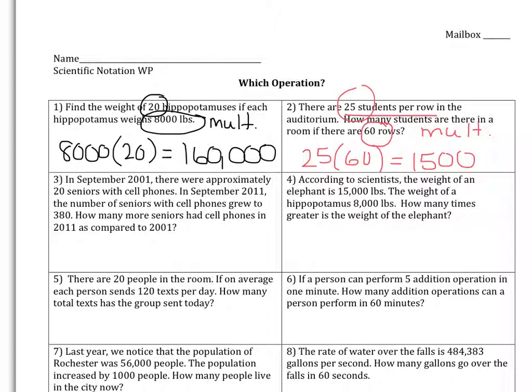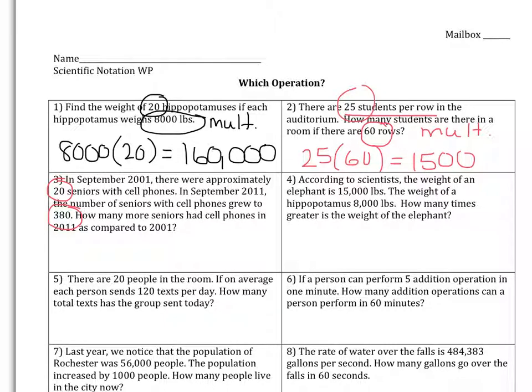Okay, number 3. In September 2001, there were approximately 20 seniors with cell phones. In September 2011, the number of seniors with cell phones grew to 380. It says how many more seniors had cell phones in 2011 compared to 2001. So here's how many had it in 2011, and here's how many had it in 2001.